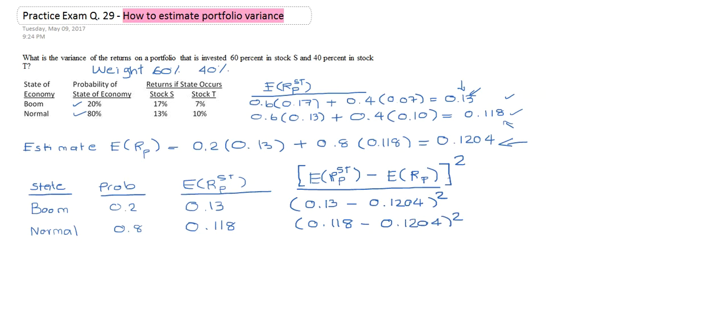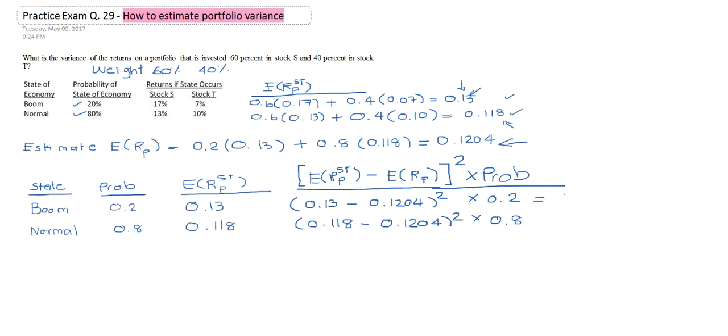One more thing. In the normal case you can simply add these together, but this deals with the probability of the state of the economy, so you have to multiply by it. Before you add them, multiply the first with the probability 0.2 and the second with 0.8.